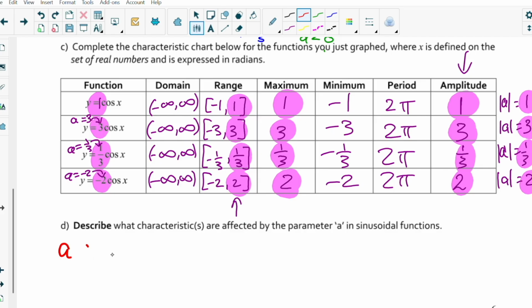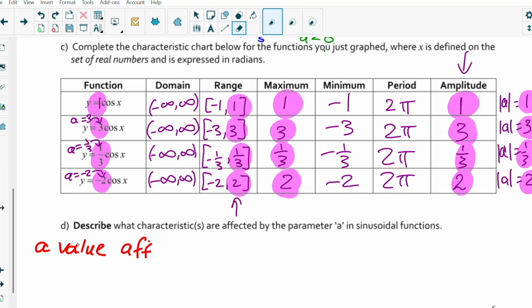Okay, let's try this again. Okay, the A value, okay, this is really annoying. Sorry about that, folks. I'm gonna see if I can get this lag to disappear here.